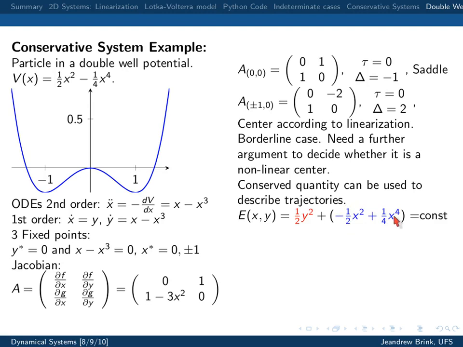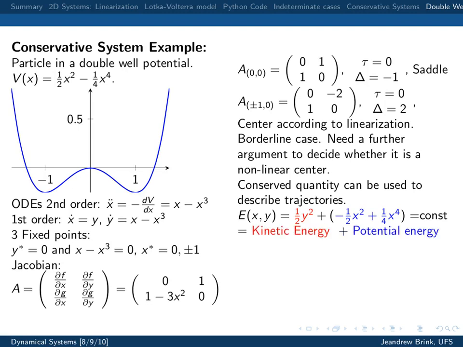And that tells you that along the trajectories, you have an expression like this. So it basically tells you that you have this hump thing, and the trajectories move along it, and the value remains constant. So even at the centers, you're going to have closed circles, so it's going to be a real center.